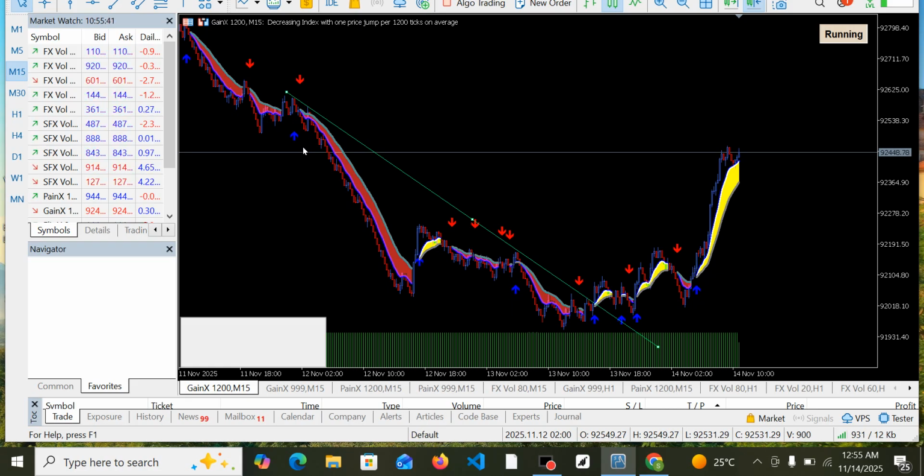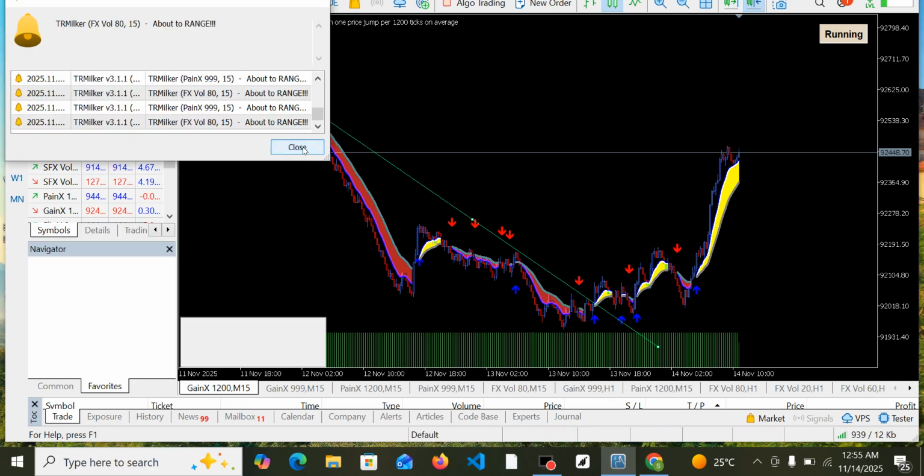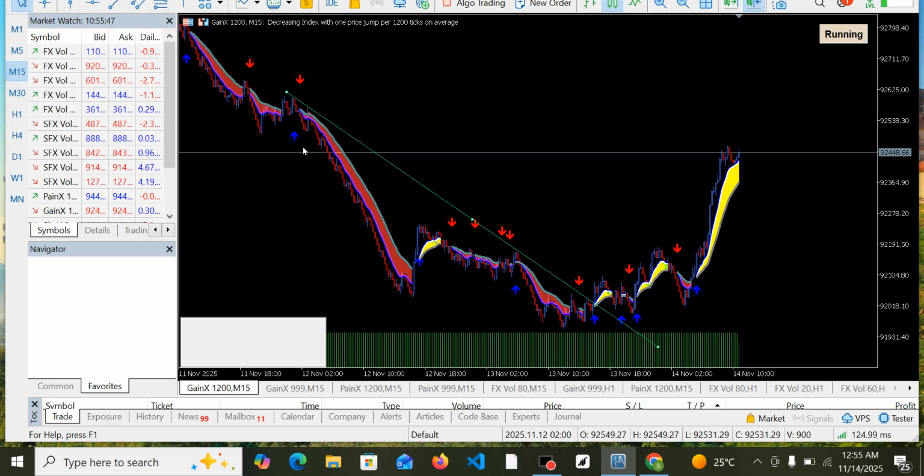There are also other sub assets that trade spikes, okay? So now let's see how they can be traded. So far as they are under GainX or PainX, it is still the same strategy, and you should take your time to understand it very well before you dive into it.